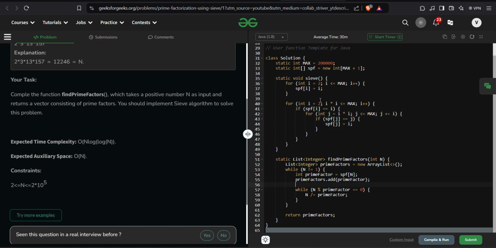In the first iteration, let's say it's 2, so 2 is marked by 2, and we'll mark all those numbers that are divisible by 2 with the number 2, which will be handled by our inner loop. And this condition, SPF of j equals j, means that for the next iteration we will only mark those numbers that are still marked by themselves. We need to check this a second time, because, let's say, the multiples of 2 are marked by 2.